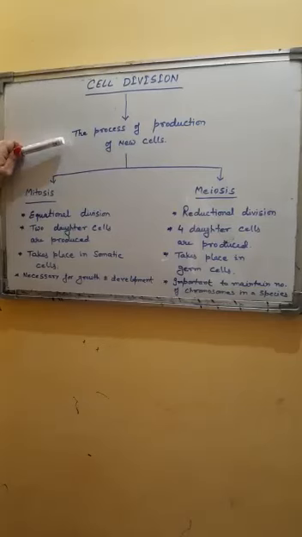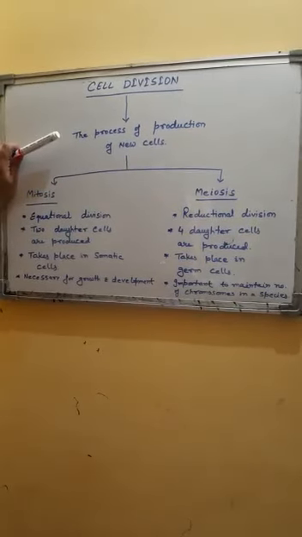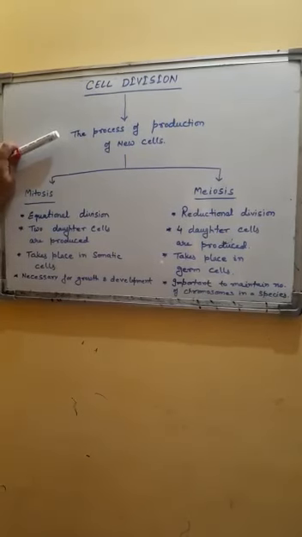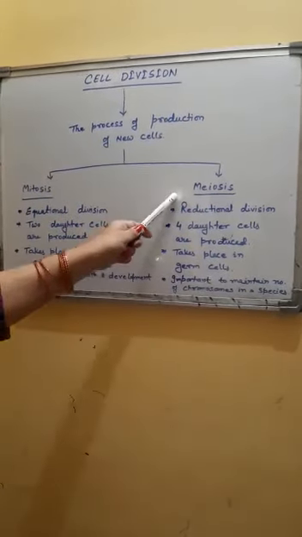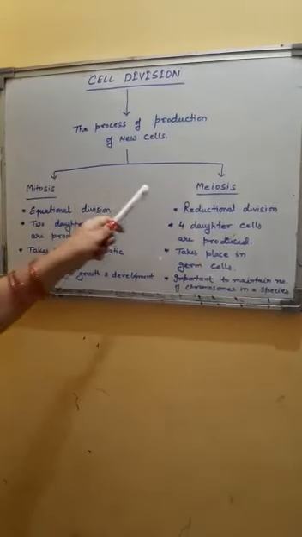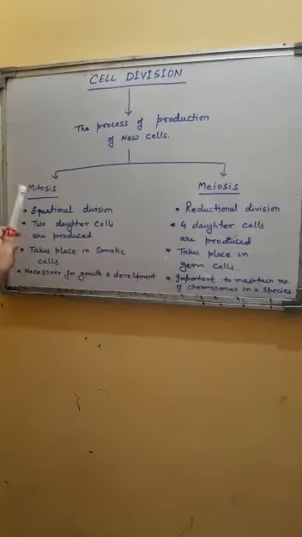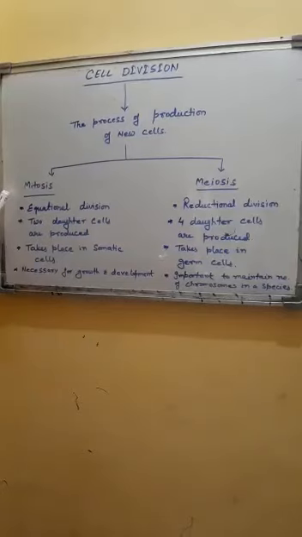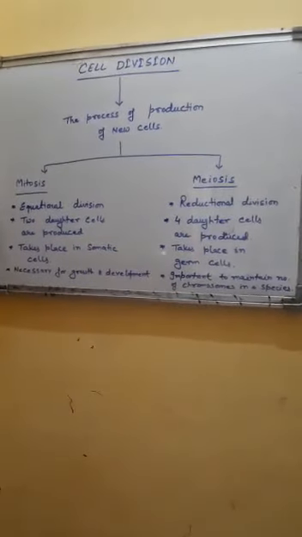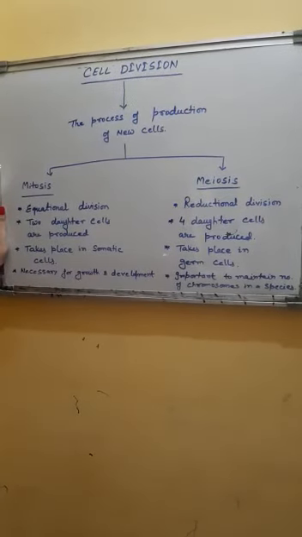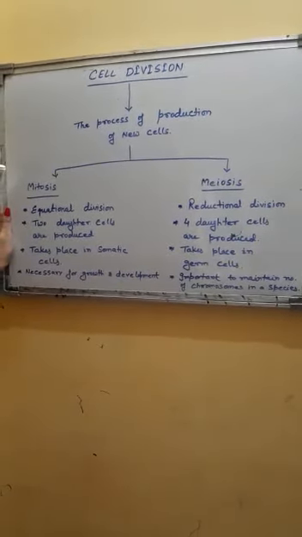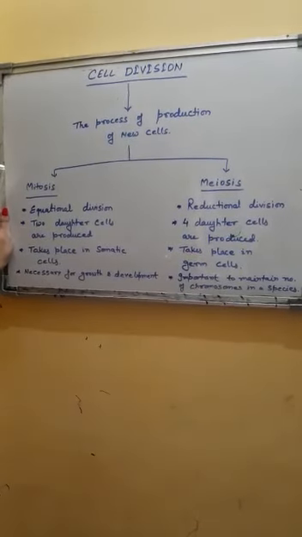Cell division, depending upon the type of the cell where it is going to be divided, is of two types. The first one is mitosis and the second one is meiosis. Mitosis is called equational cell division as it produces daughter cells with the similar number of chromosomes.